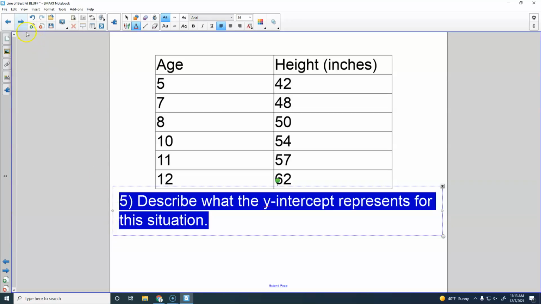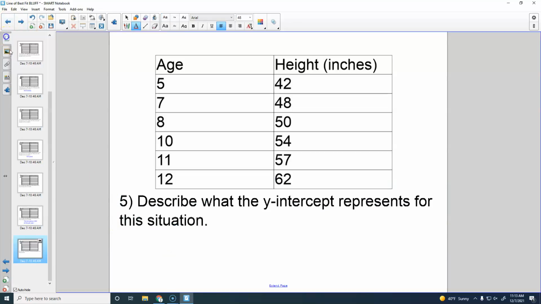I can't tell you. Give me a wink. Right, it does not always make sense. Y-intercept does not always make sense. It sometimes does, sometimes it's crazy. Yeah, add it to my Christmas list.